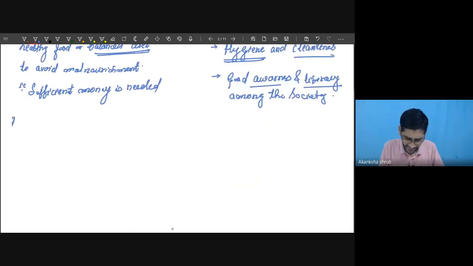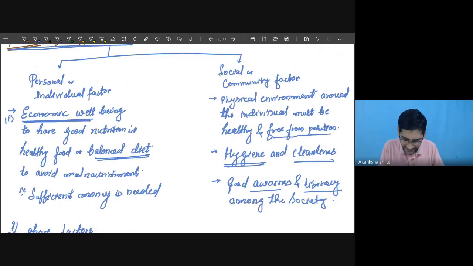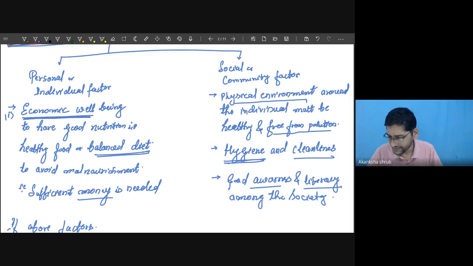So, the above factors, what are the factors we have written? The very first we have written at the individual level, social well-being. The next one is the physical environment. Third one, hygiene and awareness and literacy.